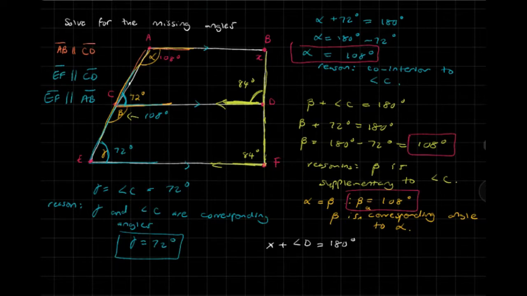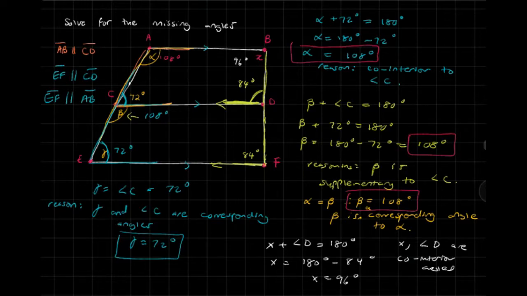Okay, so having said that, X is basically 180 degrees minus 84 degrees, and X is equal to 96 degrees. The reason for this is that X and angle D are co-interior angles.